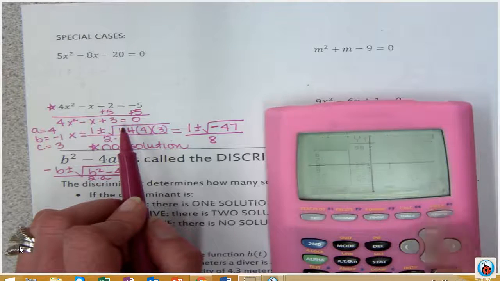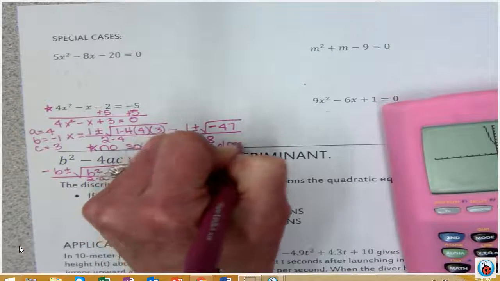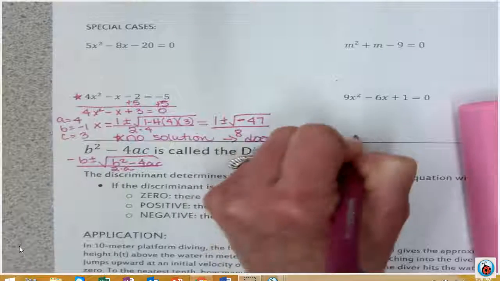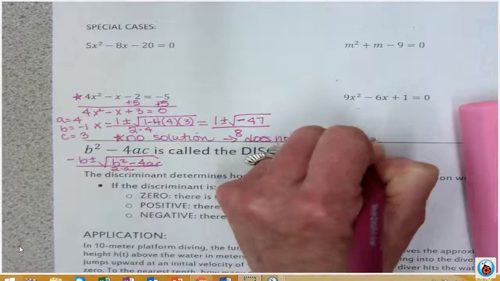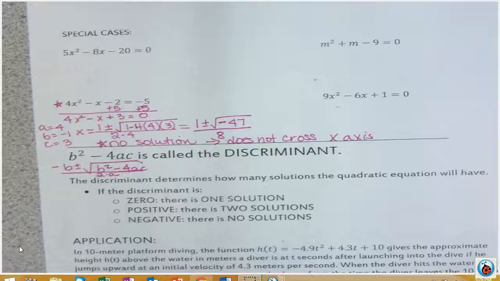I keep doing that. Graph it. This is why your answer is no solution, because it does not cross your x-axis. That's why there's no solution.